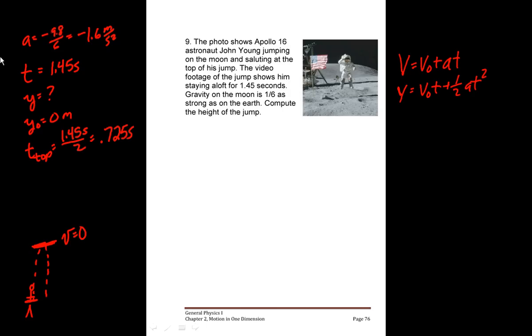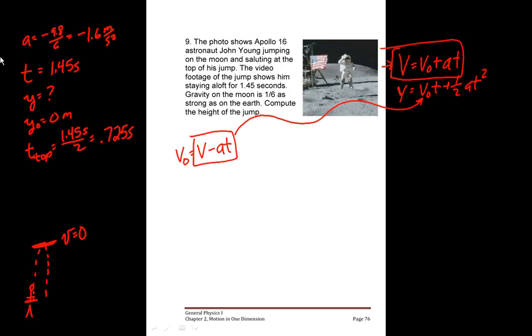So I can start with this top equation. Watch what I do here. I'm going to solve that top equation for V naught. V naught is equal to V minus AT. Then I'm going to plug it in right here. So I get Y equals V minus AT times T plus 1/2 AT squared.